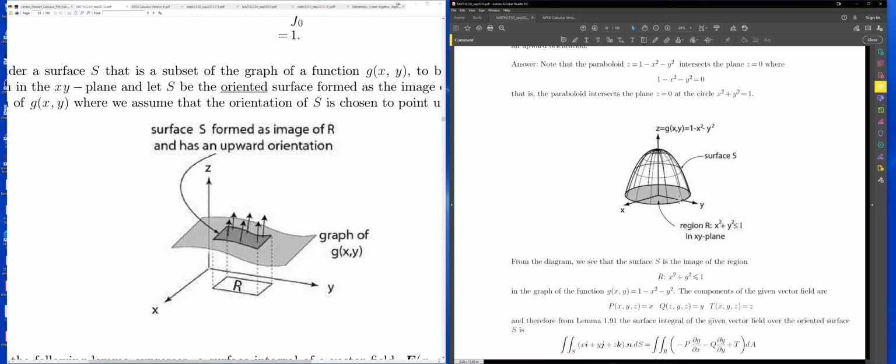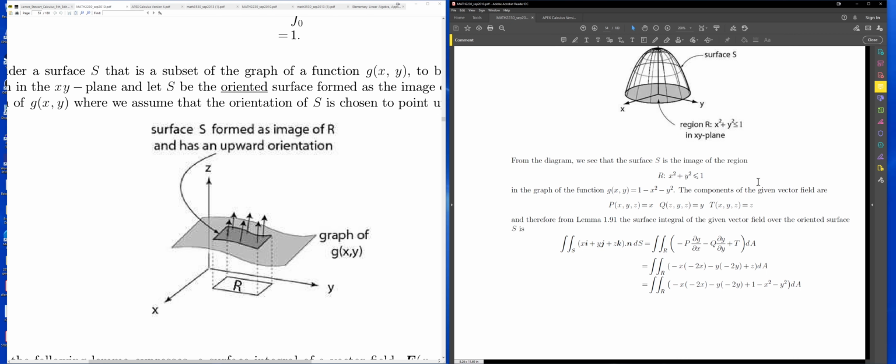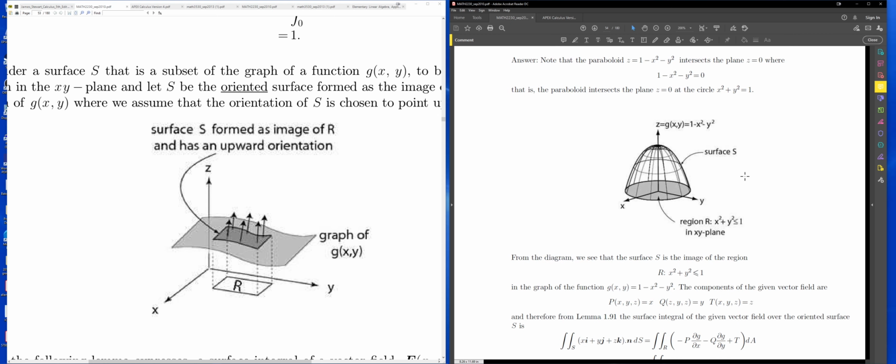So to get this circle, you solve simultaneously the equation z equals 1 minus x squared minus y squared, and the equation z equals 0. In order to solve those simultaneously, I put 0 in for z, and I get 0 equals 1 minus x squared minus y squared, which gives me this circle.